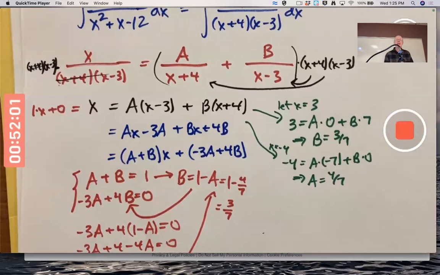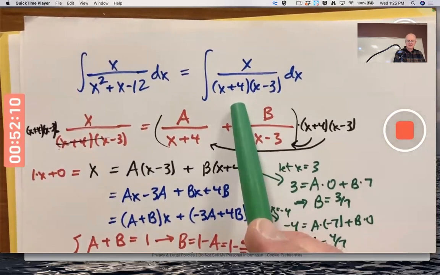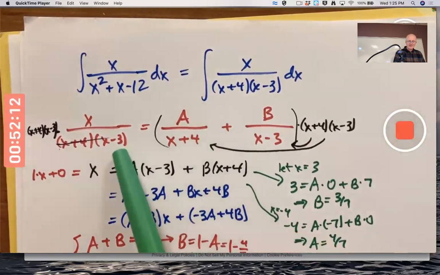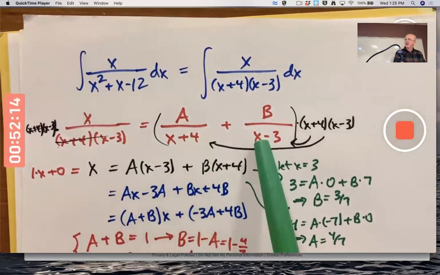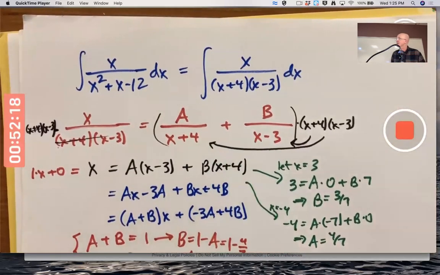So what has all this gained us? You might have been wondering why we were doing this in the first place. Trying to integrate this function, which means I'd be integrating this sum. And if you think about integrating those two functions, they're both easy to integrate. The answer is going to involve natural log, right?